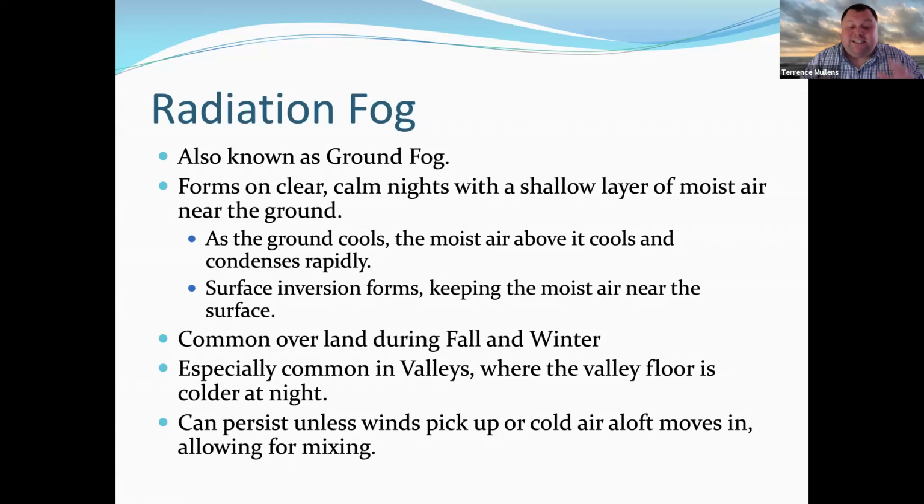It's especially common in valleys, where valley floors can get really cold at night because cold air from hillsides rolls down into the valley, making the valley even colder. So you can get a lot of radiation fog at night in valleys.